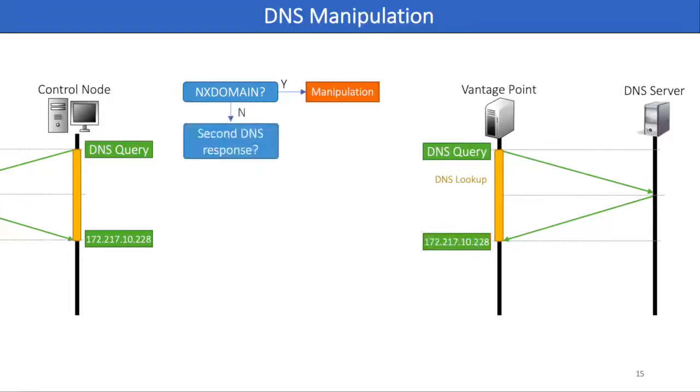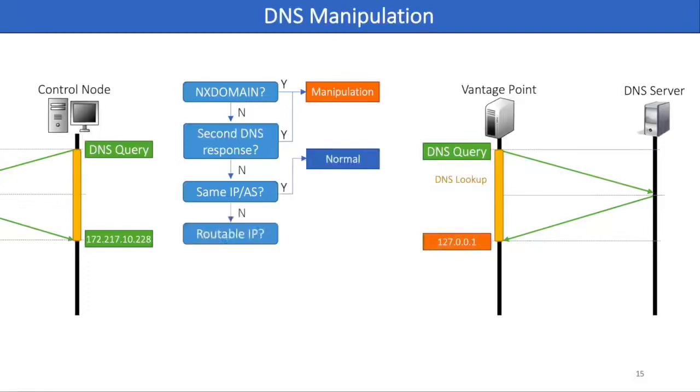If there is a second DNS response from a different AS, this is a packet injection by an on-path censor, and we label it as manipulation. If both a control node and vantage point receive the same IP address, this is obviously not a manipulation. But if only a vantage point receives a non-routable IP address like loopback, this is DNS manipulation.